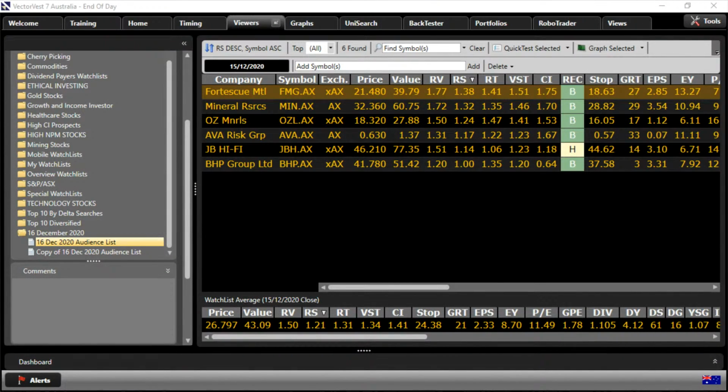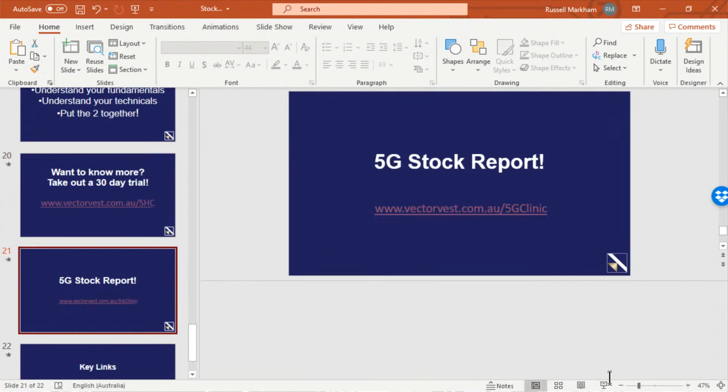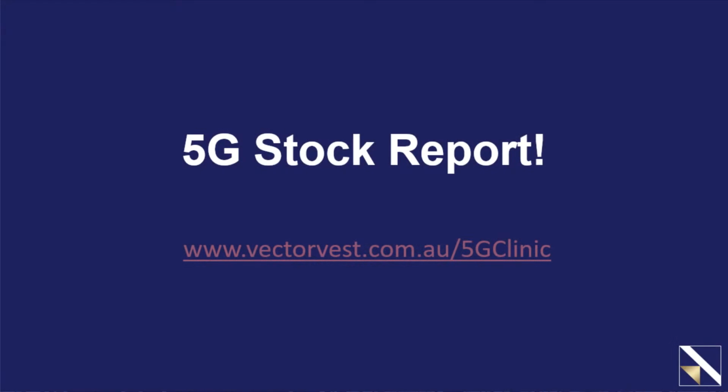The other thing I wanted to leave you with, as promised at the start, is access to a 5G stock report. There's a big revolution going on at the moment that you might not be aware of. When we went from 3G to 4G, it was pretty big, but it wasn't as groundbreaking as it could have been, because 4G was still a little bit flawed.